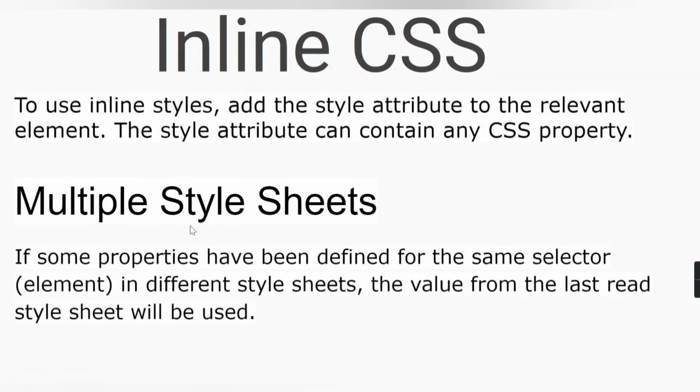And the last one which we want to cover is inline CSS. To use inline styles, add the style attribute to the relevant element. The style attribute can contain any CSS property.